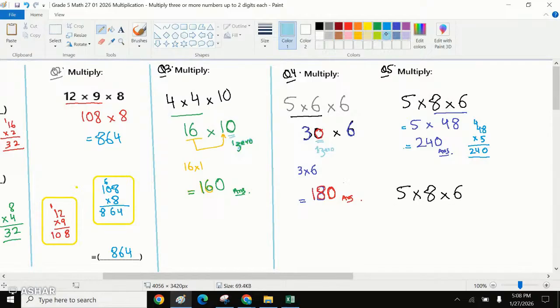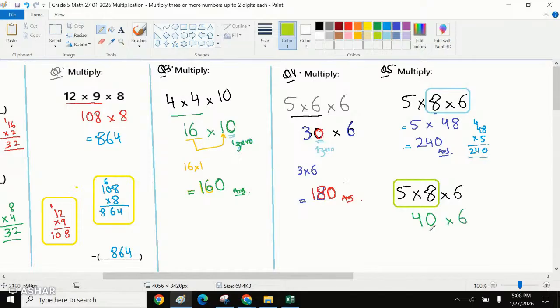Because what we did was we started off with a multiplication of 8 multiplied by 6 first. But if we would do 5 multiplied by 8 first, what would have been different? We know that 5 multiplied by 8 is 40, multiplied by 6.